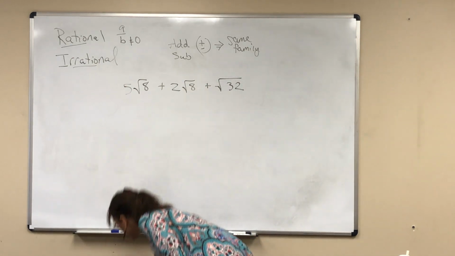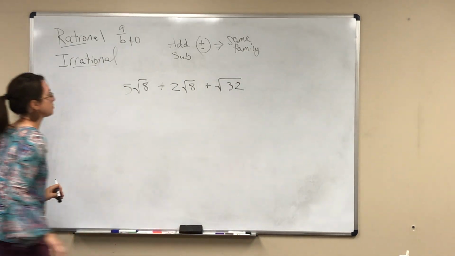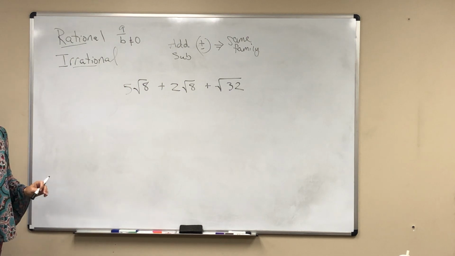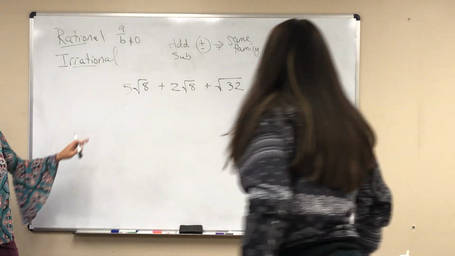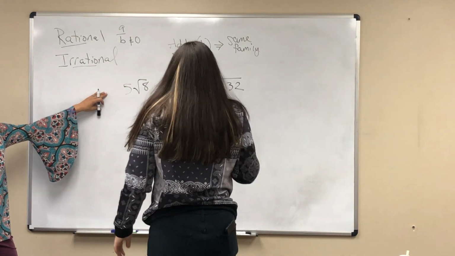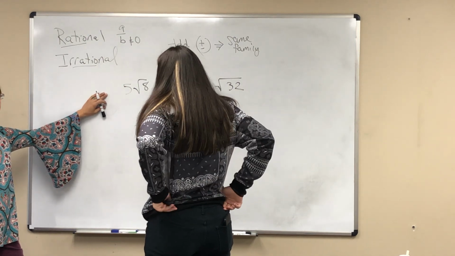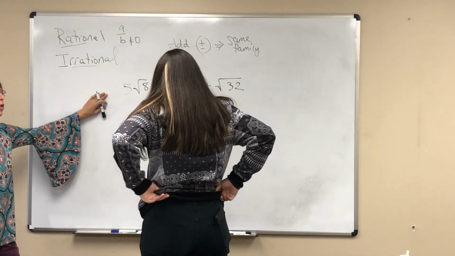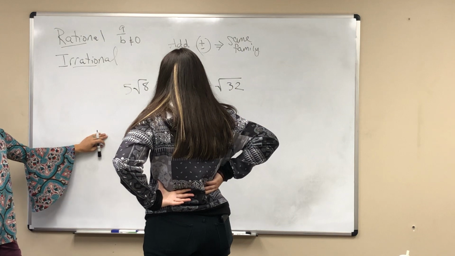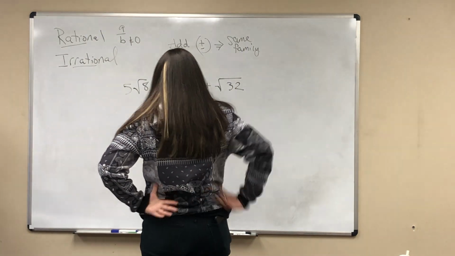Now you can work this one. So there's two different ways that you can do this. You can either go ahead and combine anything that you see that you can combine, or we can simplify it all the way down and then start combining. So you can choose.